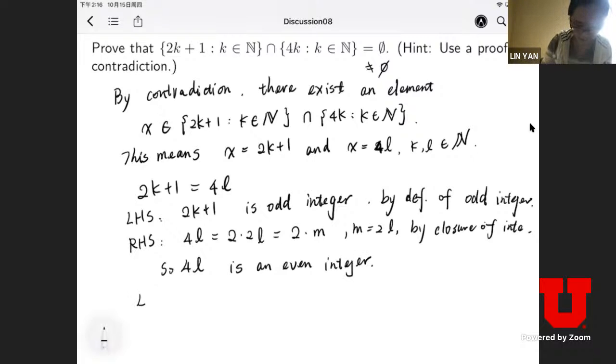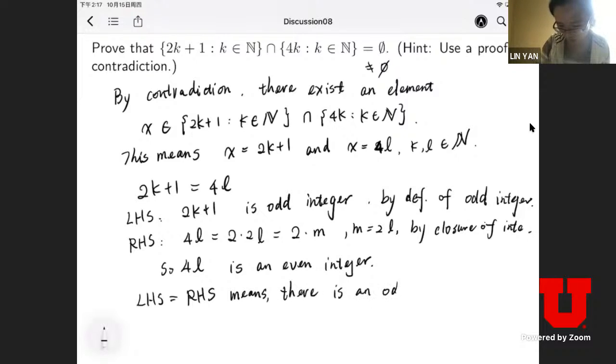And because the left-hand side is equal to the right-hand side, it means there is an odd integer and it is also an even integer.